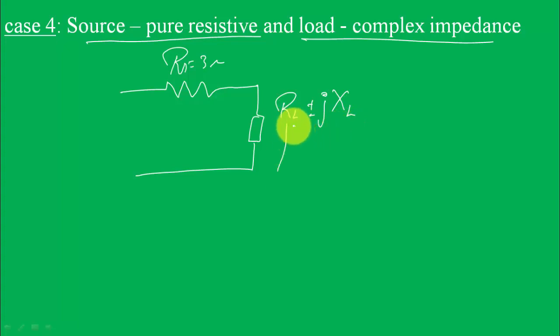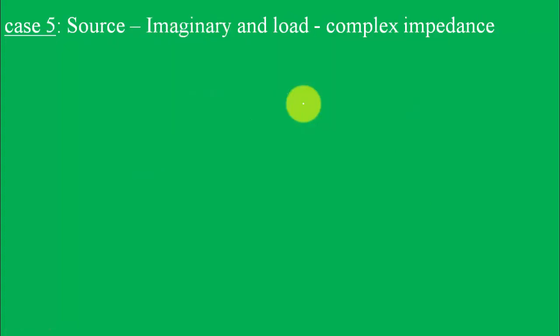So the condition is that RL should equal RS, and XL will not be under your control. Complex power will not be wasted, because in half a cycle it delivers and in the other half cycle it absorbs, but the resistive power is waste power, getting wasted via heat.